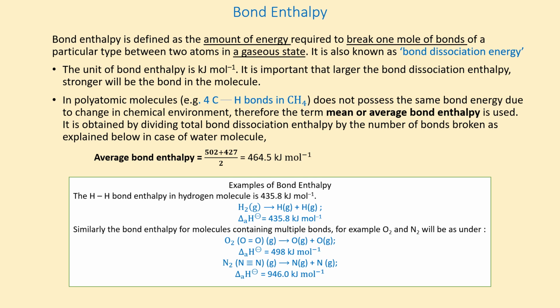For a heteronuclear diatomic molecule like HCl, we have HCl in gaseous state splitting to form H(g) plus Cl(g), and its bond enthalpy is 431.0 kilojoules per mole. In the case of polyatomic molecules, the measurement of bond strength is more complicated.